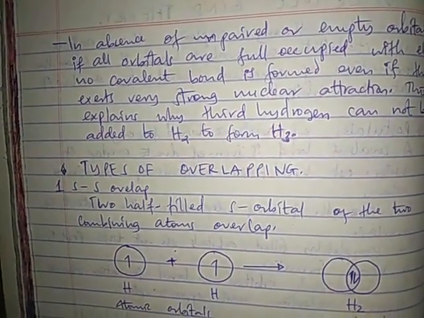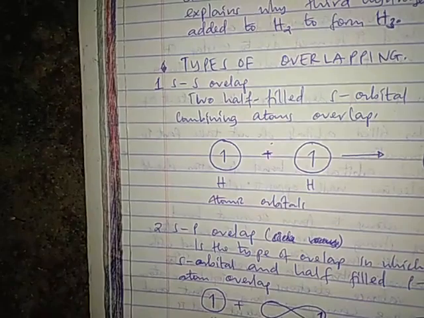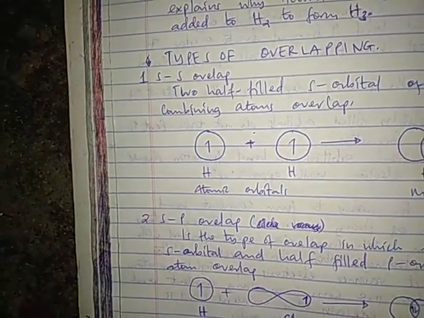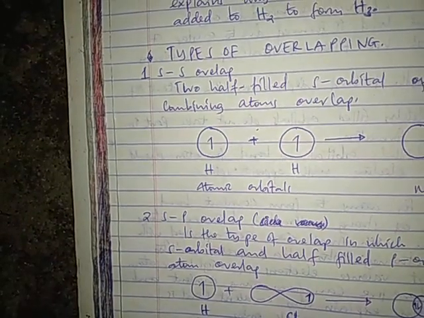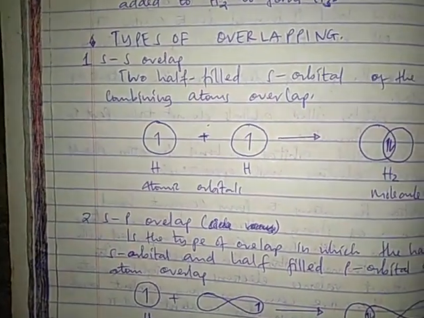Now let's jump to the types of overlapping, as we have already seen the postulates of the valence bond theory and the conditions. Basically we have many types of overlapping, but we may discuss them. First, we have SS overlap.